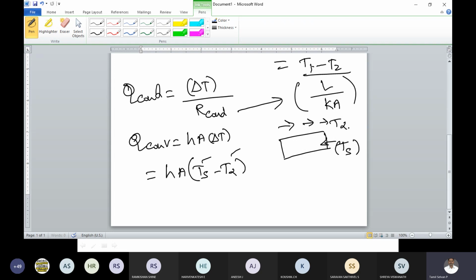This can be rewritten as del T divided by 1 by hA, where del T is Ts minus T infinity and 1 by hA is nothing but the convective resistance.